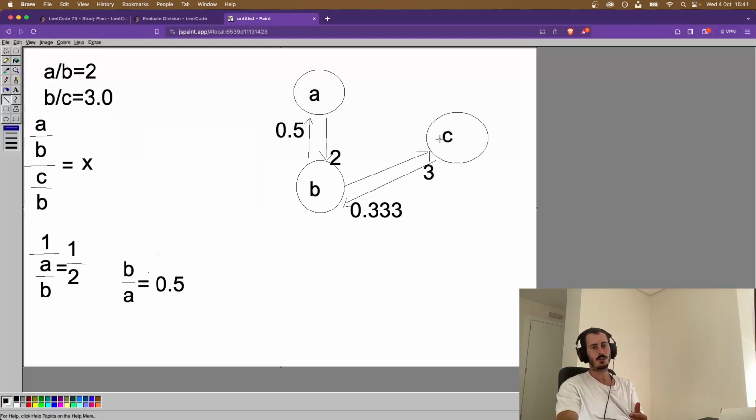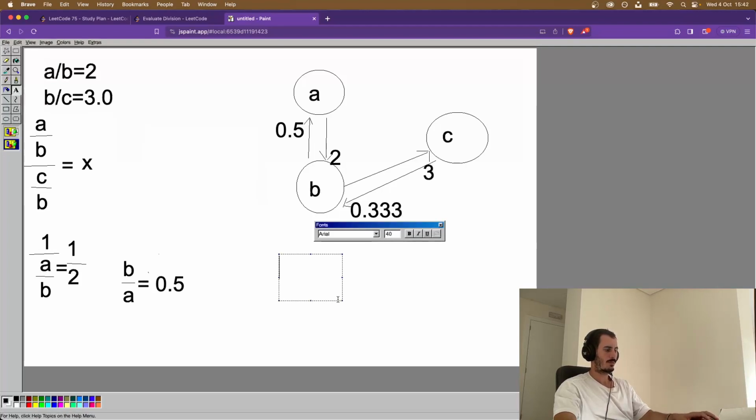One of the interesting things is that these are all relative values, so we don't know the values of a and b. But what if we did? So let's say A is 100.